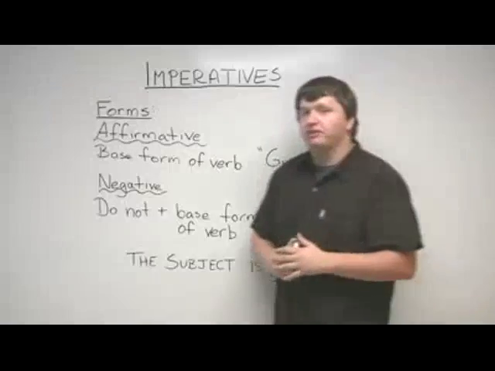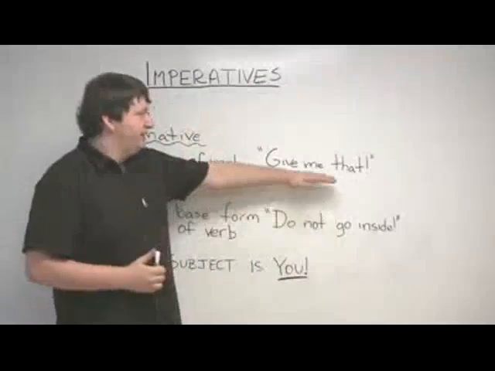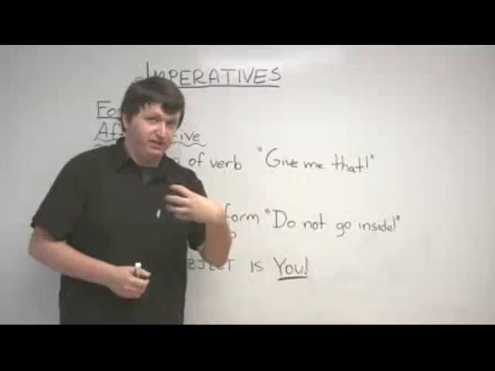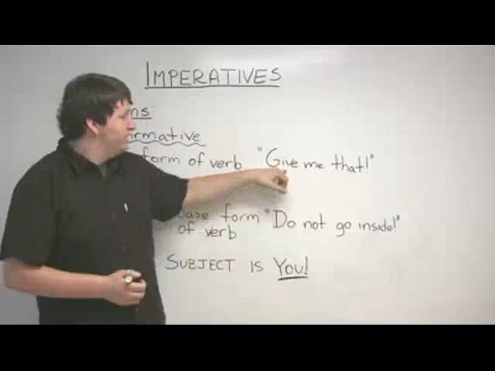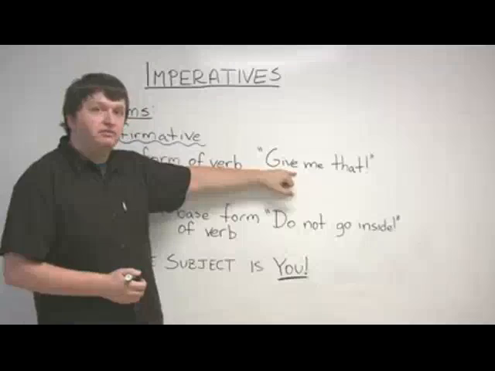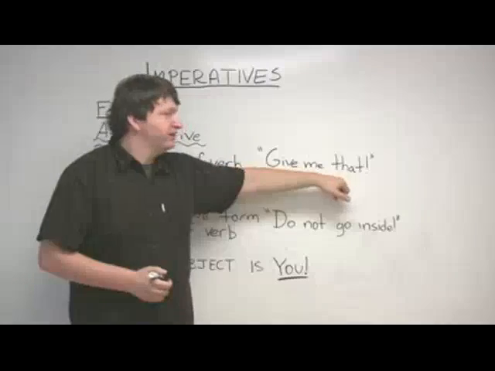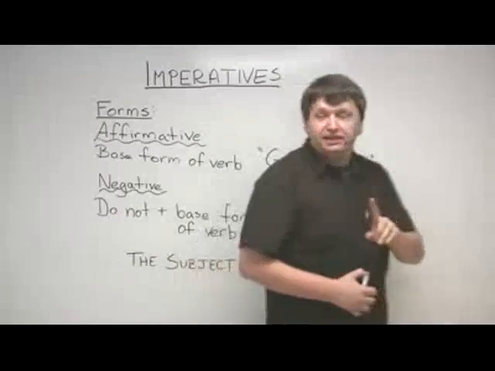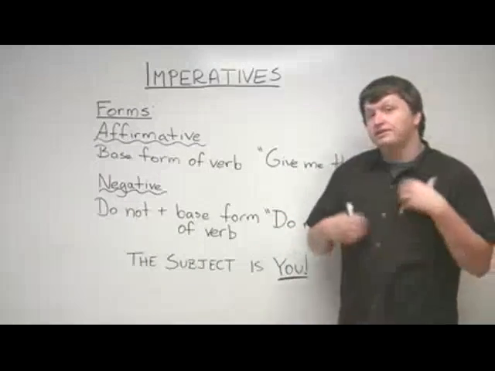So what I have here is, give me that, right? That's a command for someone to give you something right away, okay? So again, you have the base form of the verb, plus, the rest of your command in this case, give me that.